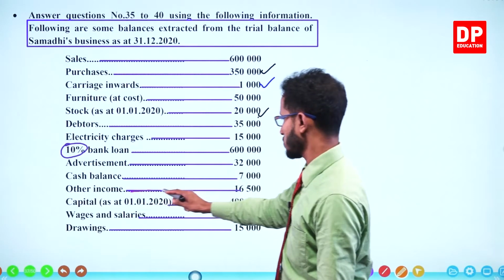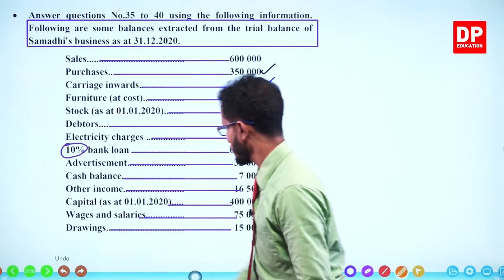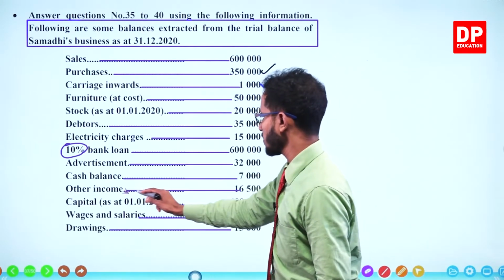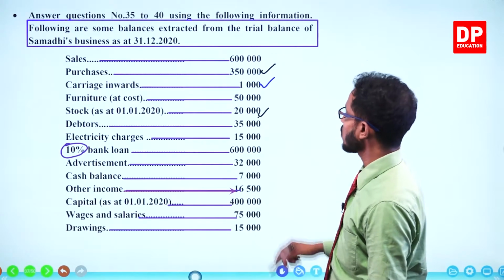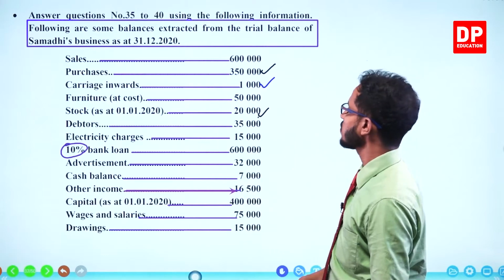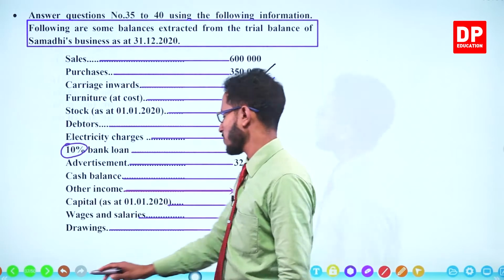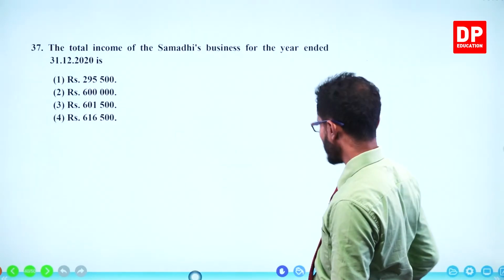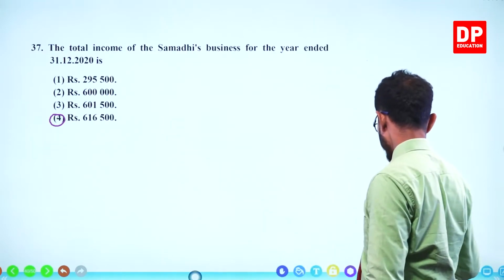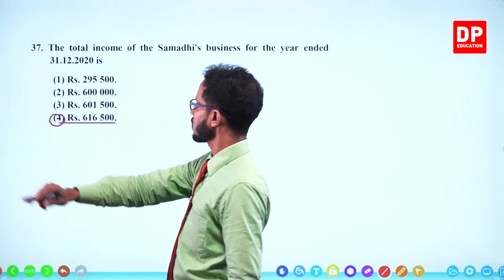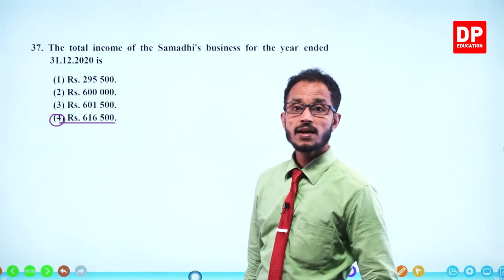Other incomes, 16,500. So 600,000 and 16,500 is the total income, 616,500. It's there. Total income is sales income plus other incomes.